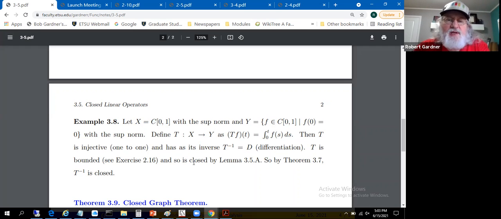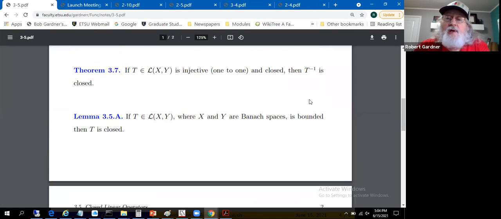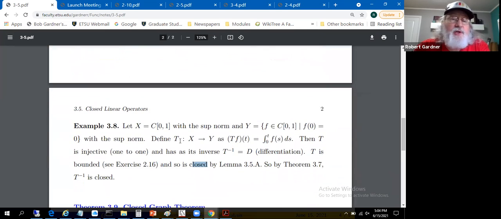A bit of details missing on this claim that these are actually Banach spaces. So T is bounded, defined on Banach spaces. The lemma tells us that T is closed. So going back to Theorem 3.7, we have a closed transformation which is 1-to-1. That implies T inverse is closed. And that's the conclusion here, that T inverse is closed.